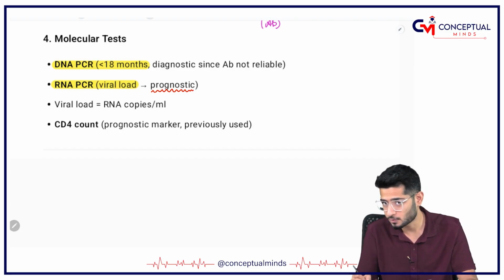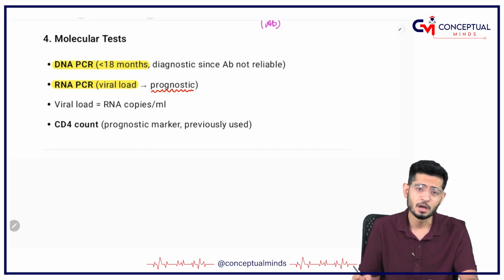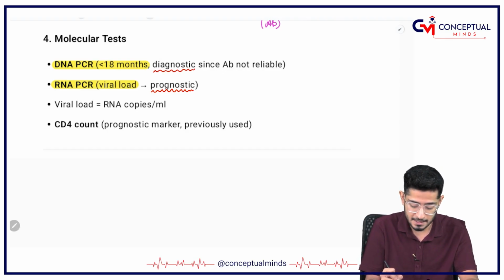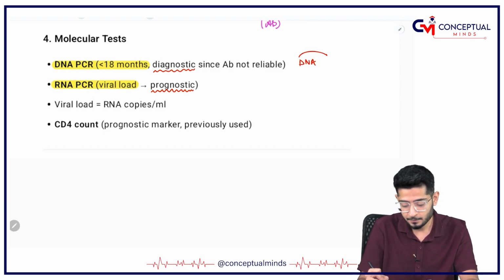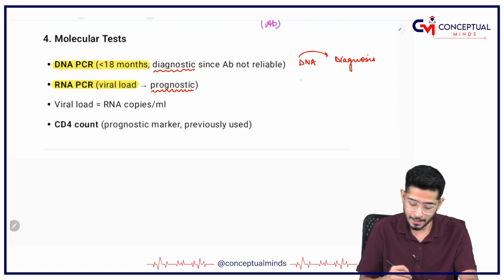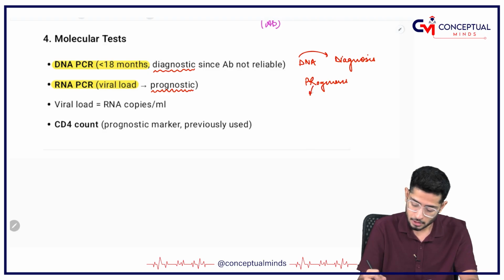If the viral load is very high, we have to check how much RNA is present, but in order to diagnose it, we use DNA in less than 18 months. So remember, D for DNA, D for diagnosis. And prognosis has got P and R coming together. So R for we will check the RNA.